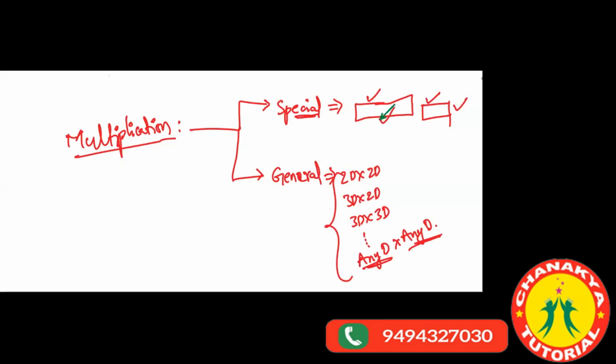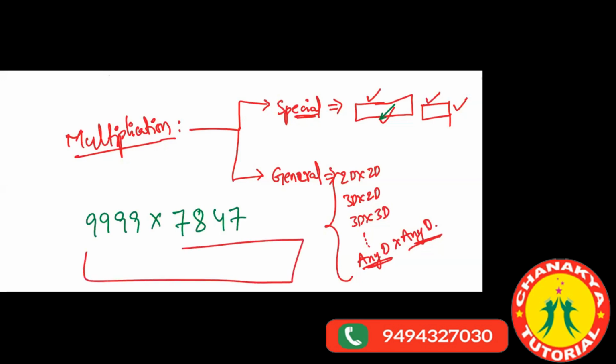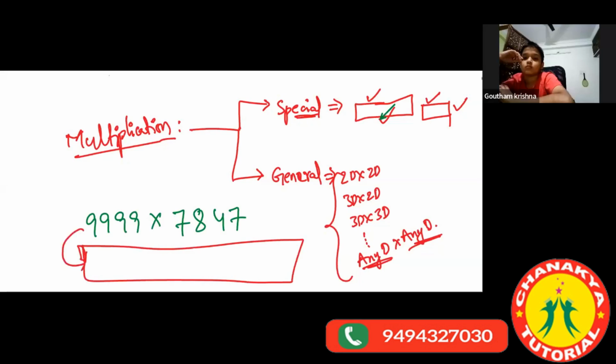See here, suppose we give 9,999 into 7,847. For this question, we can answer in a single step. Directly, we can write the answer without doing any process, because it is situational.